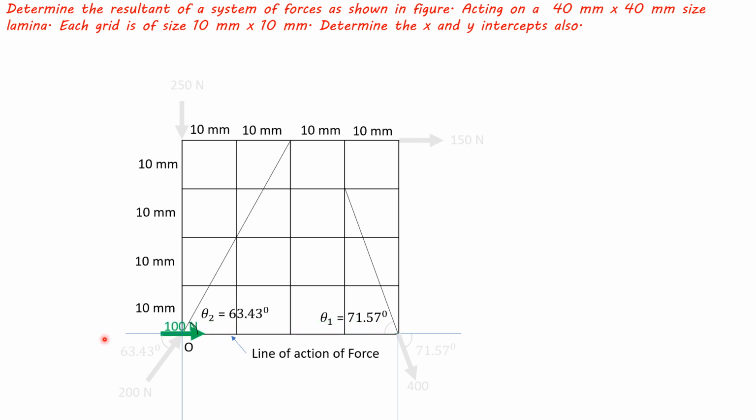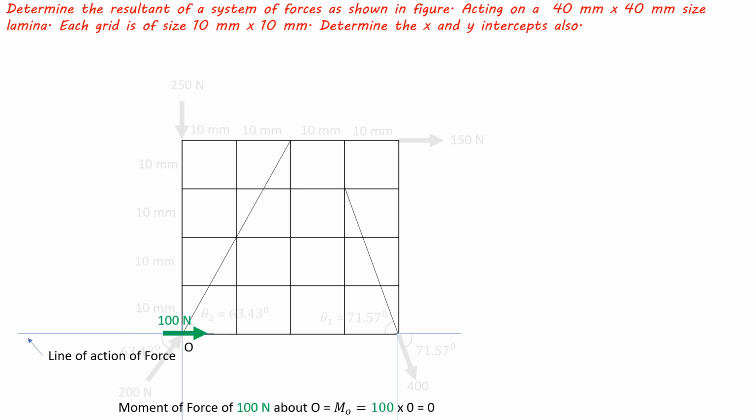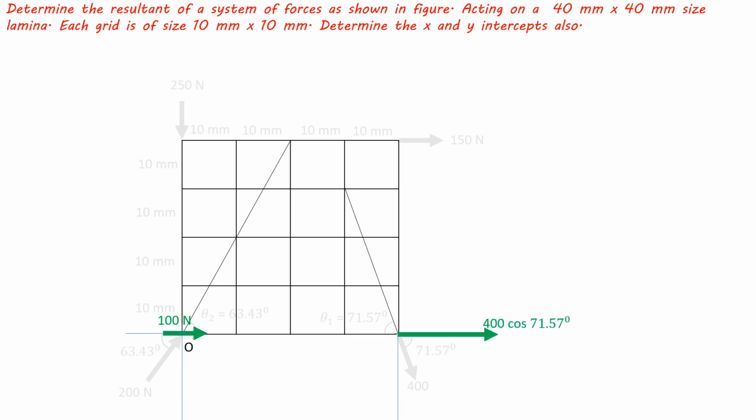So 100 Newton force is passing through point O, and it will have 0 perpendicular distance about point O. So moment of 100 Newton force about O is 0.